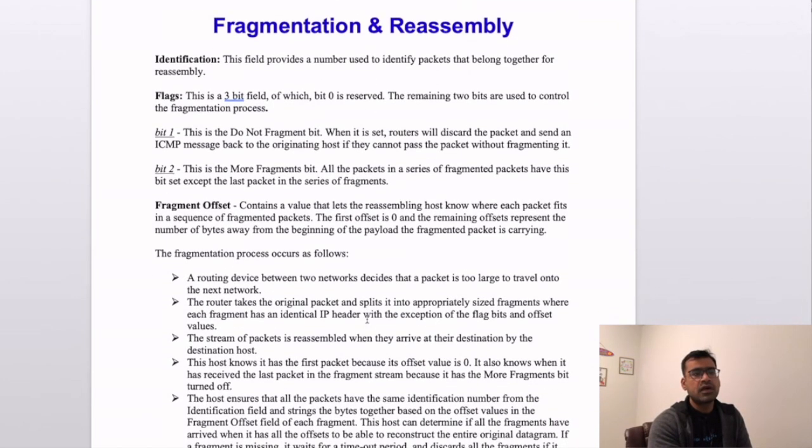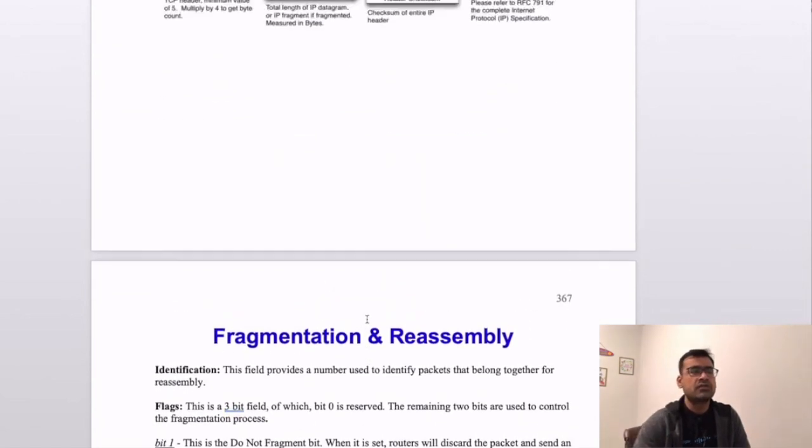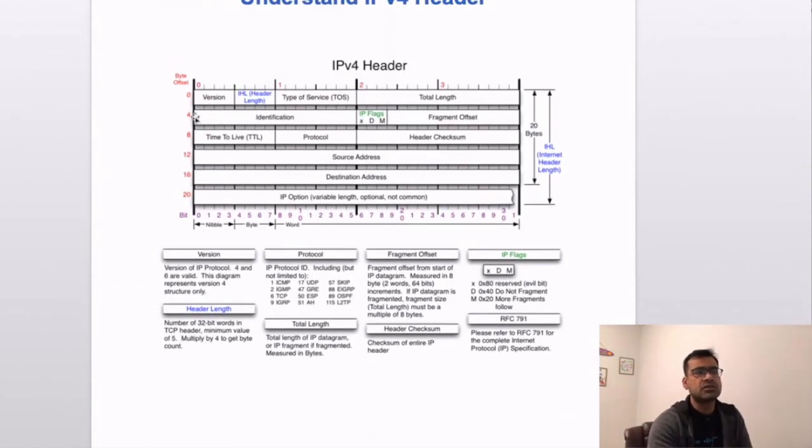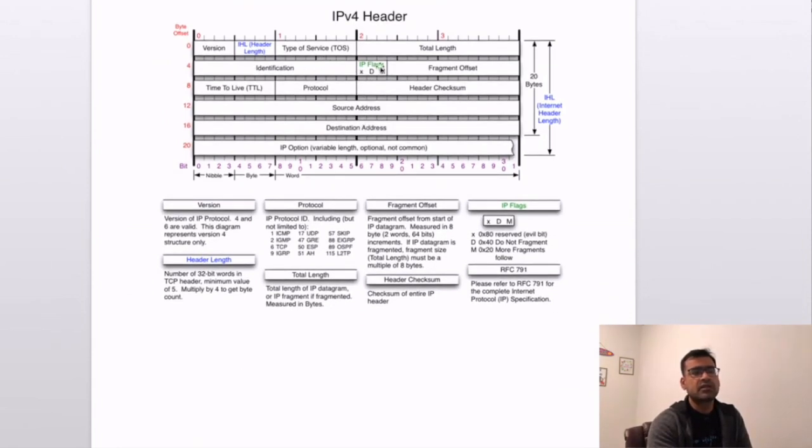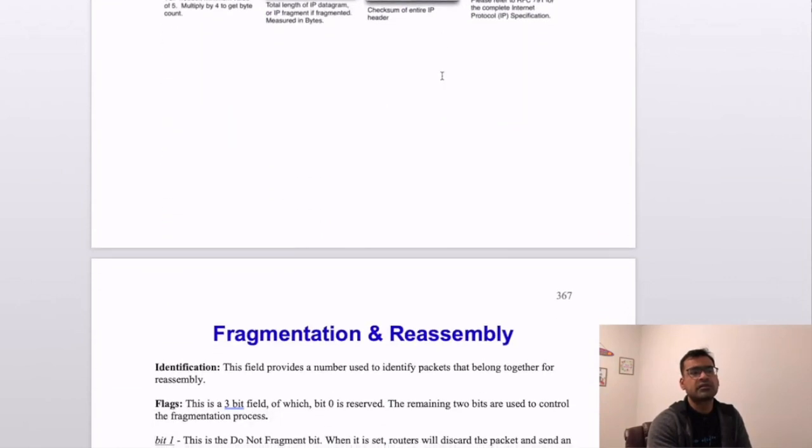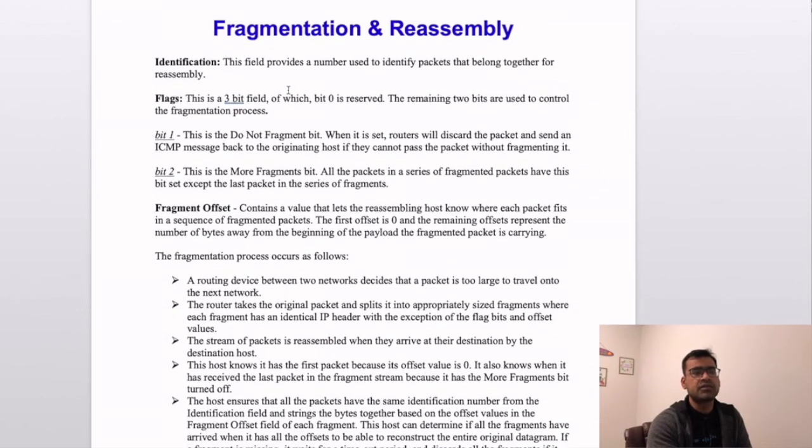Now I want to make a special mention of fragmentation and reassembly. This is quite an ignored field, even in books and documentation, but it is very important. As you have seen, the second row basically deals with fragmentation, and there are three fields: identification, flags, and fragment offset, and their purpose is very clear.